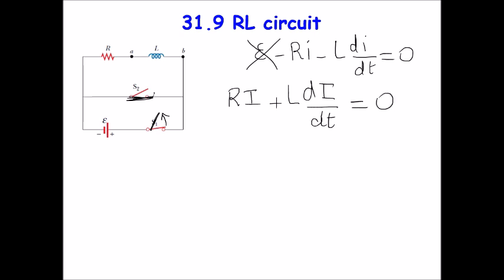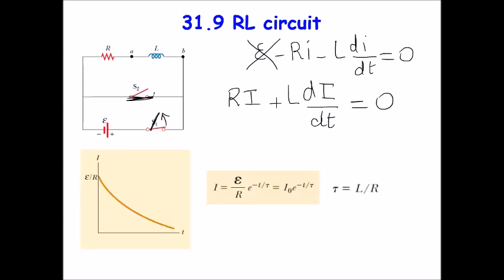That's a simple differential equation that is solved like that. The solution of this differential equation is given by this: I equals E over R exponential of minus t over tau. Or more exactly, I naught exponential of minus t over tau.